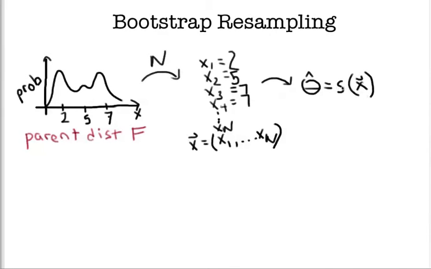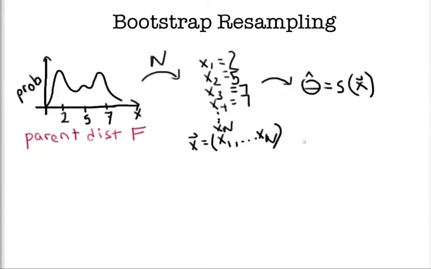And s here could be the mean of x, it could be the median, maybe the standard deviation, or it could be something much more complex. It's very generic. And we would like to know how theta hat compares to the true value of theta. So we'd like to get an estimate of the error that we've made in estimating the true value of theta.